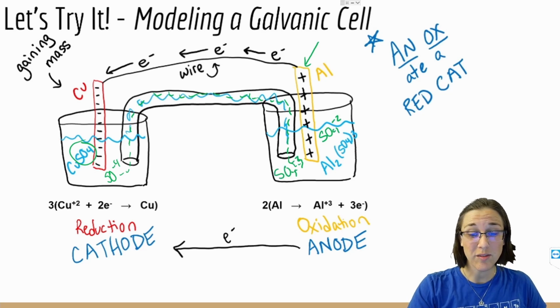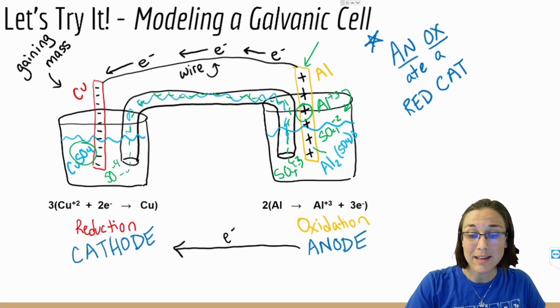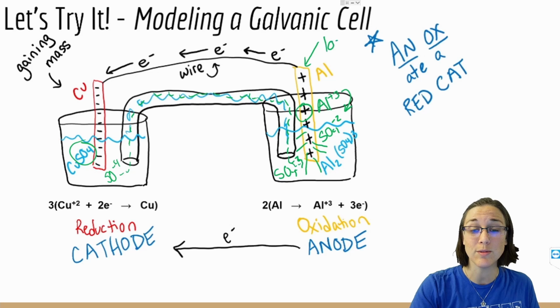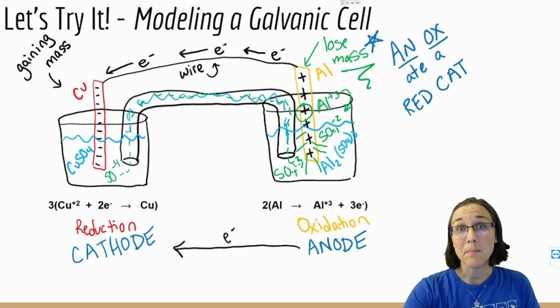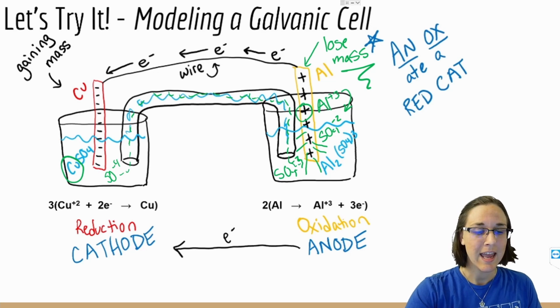This causes all of these positively charged aluminum cations to now be attracted to the sulfate anions within the solution. This means that literally the aluminum gets pulled off of the metal into the solution, causing the aluminum electrode to lose mass as the reaction proceeds. Meanwhile, the copper over in the cathode beaker side is going to be missing all of these sulfate anions that migrated through the salt bridge to the anode beaker side.